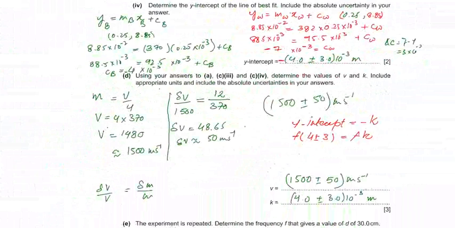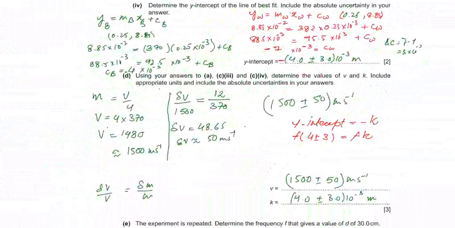So in this equation, v over 4 equals m, having two variables. So delta v over v plus delta m over m, we will get delta v over 1500 equals 12 over 370, the absolute gradient uncertainty.